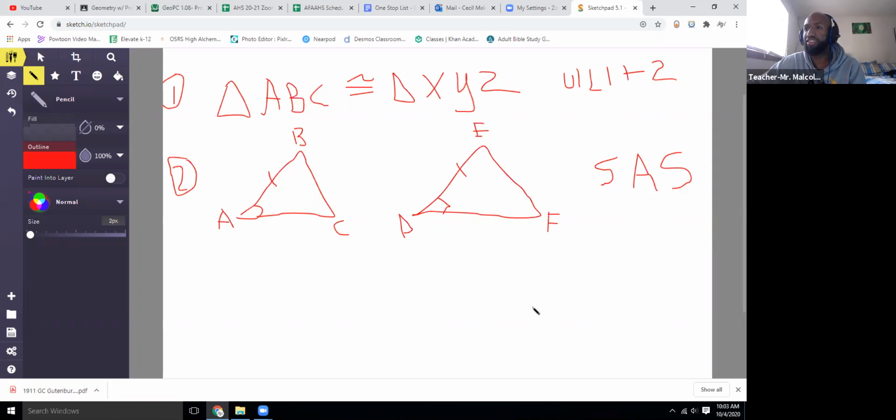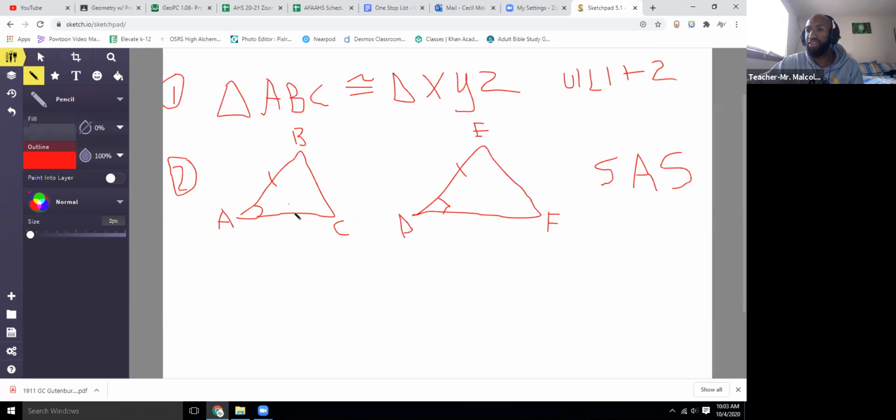I would personally take a look at what I already have. And over here we have an angle, and over here we have a side. Here's a side and here's an angle. What I would do is see what else is missing. I have one side and one angle. So based on this postulate, it means that I would need another side. So in order to get that, now I have to figure out which side. Is it BC or is it AC?